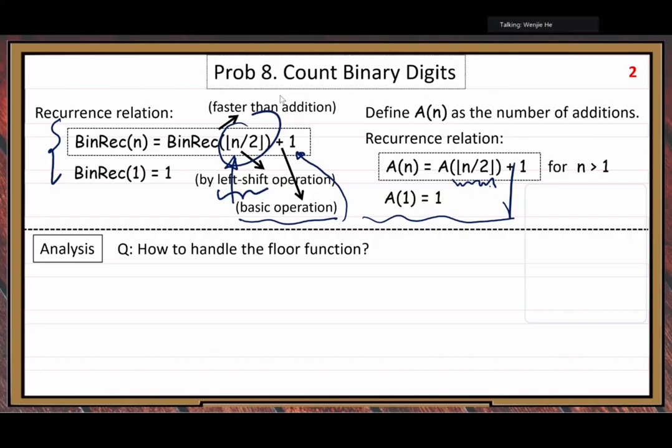Sometimes you take the same value, sometimes you need to round it down. So there is some uncertainty here. In problem solving, how to control the uncertainty? That's a main issue here.